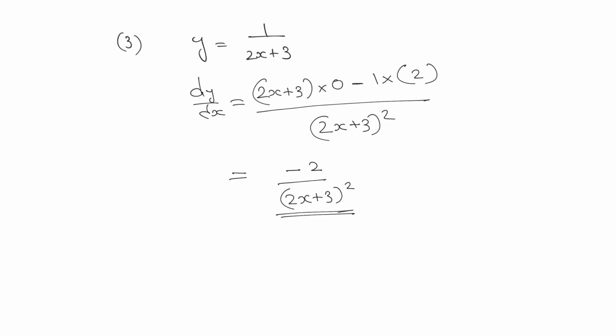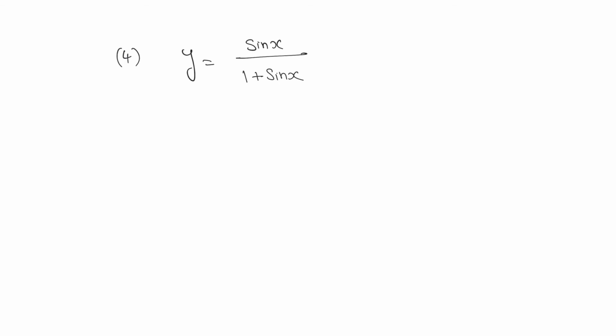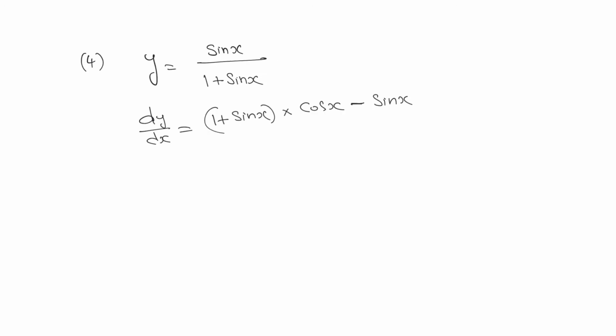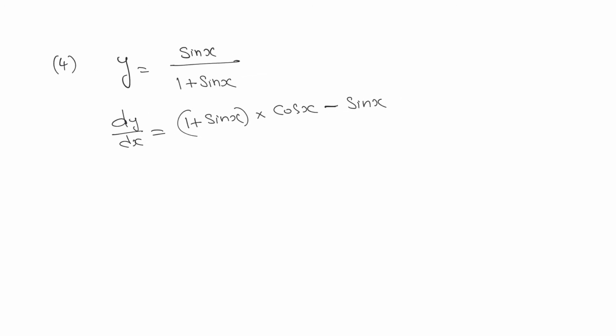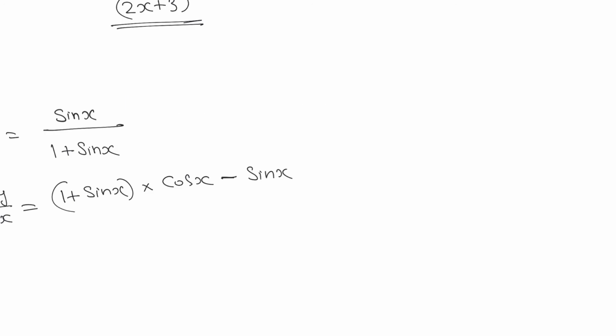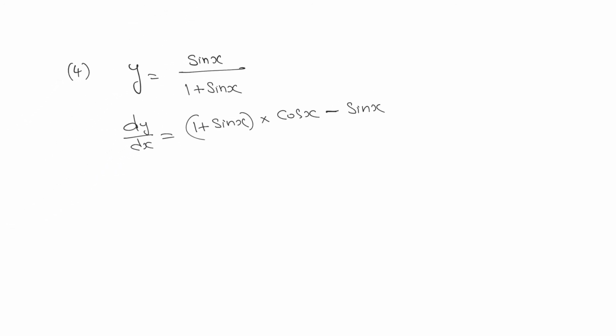Take another example, which is y is equal to sin x divided by 1 plus sin x, and our aim is to find out the value of dy by dx. So we can write it as denominator, that is 1 plus sin x, into differentiation of numerator, which is nothing but cos x, differentiation of sin x, minus numerator, which is sin x, into differentiation of denominator, which we can take as differentiation of 1 as 0 and differentiation of sin x is nothing but cos x.